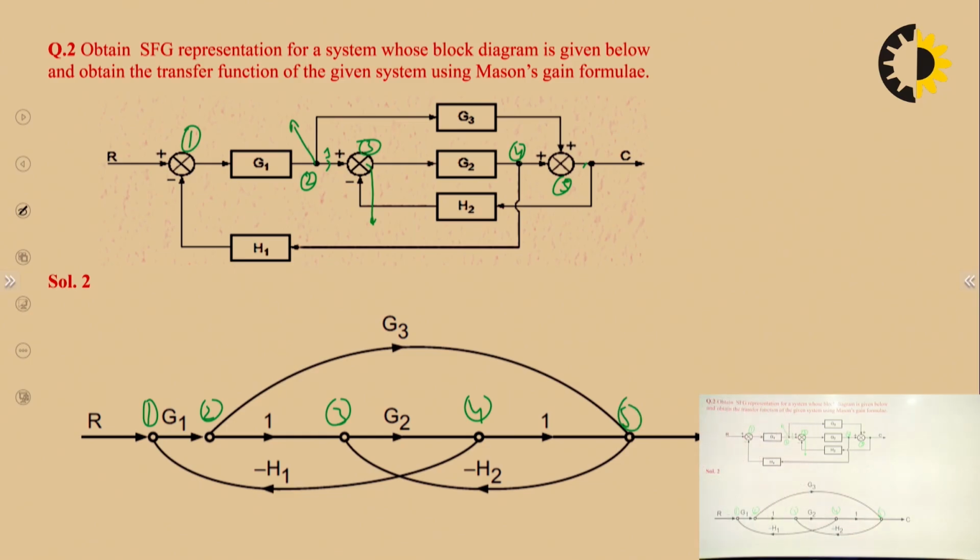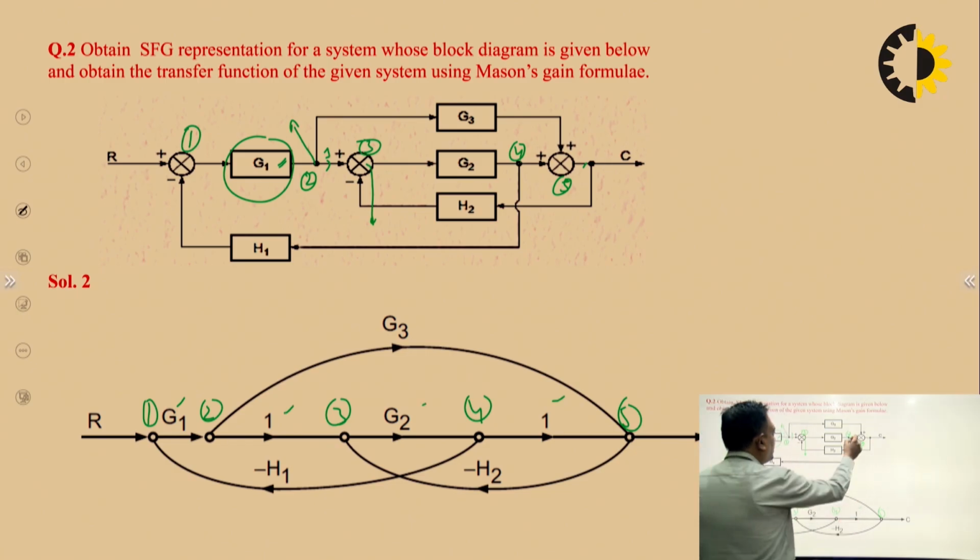So these are our nodes, and we will replace these summing points and takeoff points by the nodes, and the blocks that are connected between them will be represented by branches with a transmittance value equal to the gain of the block. Okay, so you can see here G1, G2, and it is important to note that in case of feedback we have to carefully see the sign of these summing points.